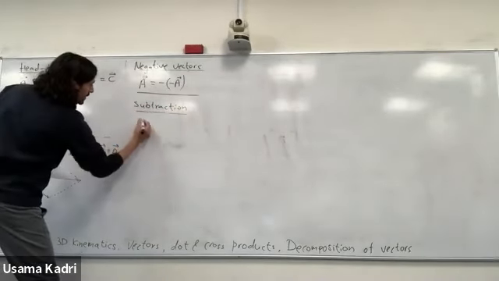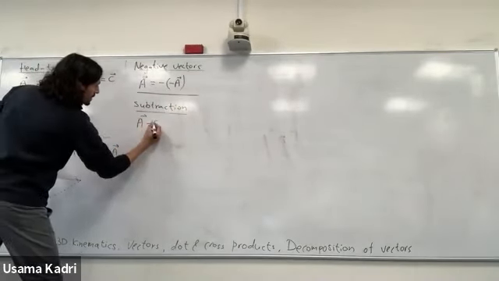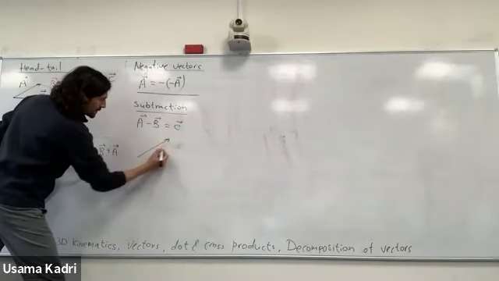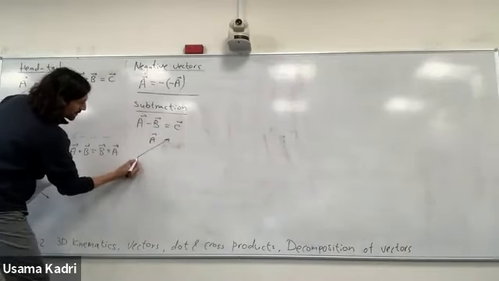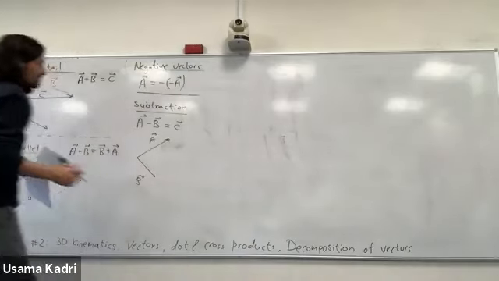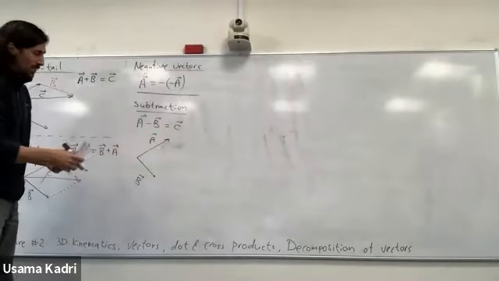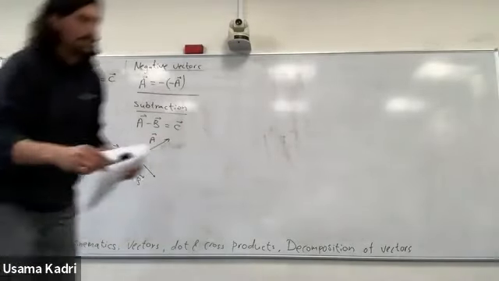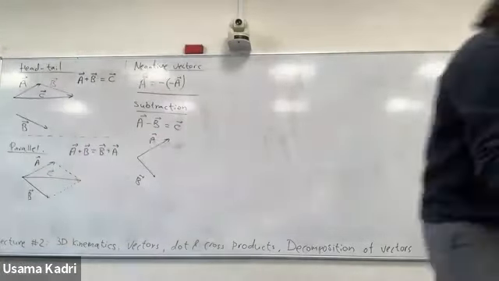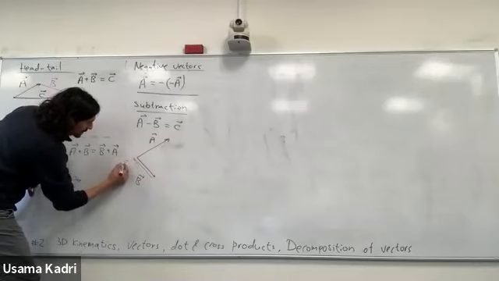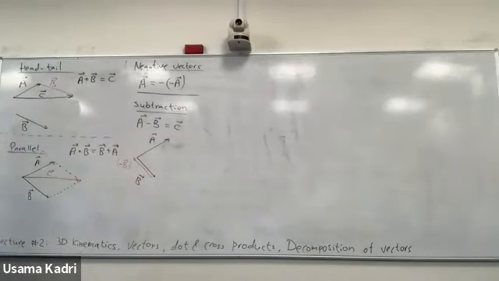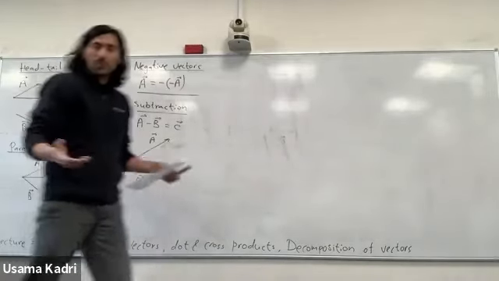If you have A minus B equals C, then if this is A and this is B, then A minus B is nothing but A plus minus B, which means I can replace B by minus B. This would be the minus B. And we know how to do that. We know how to add vectors.